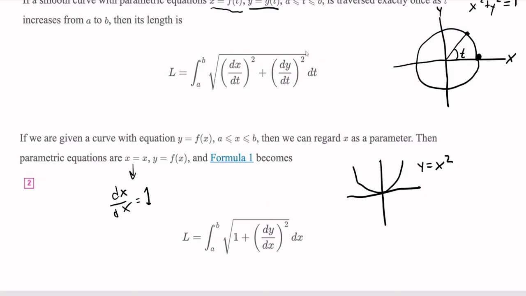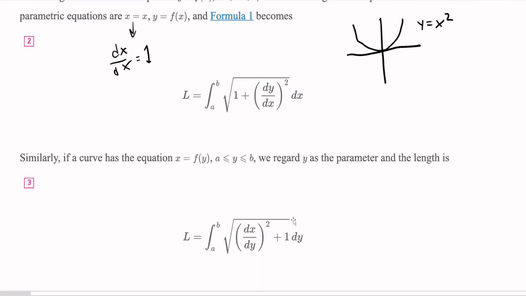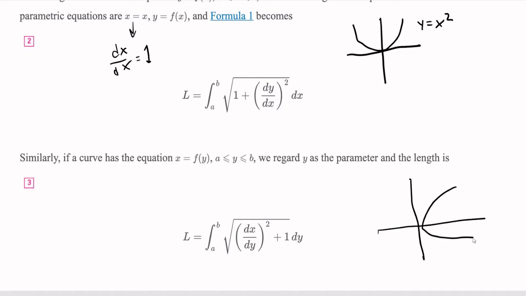So this becomes 1. This becomes dy, well, dx, which I can do in here. So this formula, and again we'll talk about in just a second, can simplify in this scenario where you can actually do y as a function of x. And similarly, if you have something like this one, which as you can tell from a couple sections now, doing these parabolas are kind of my go-to functions to think about in each of these situations. But in this case, x is a function of y.